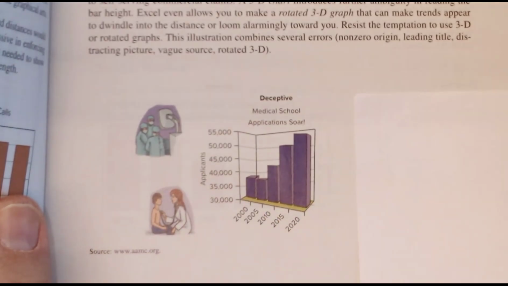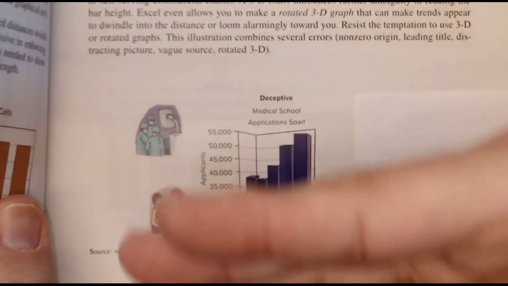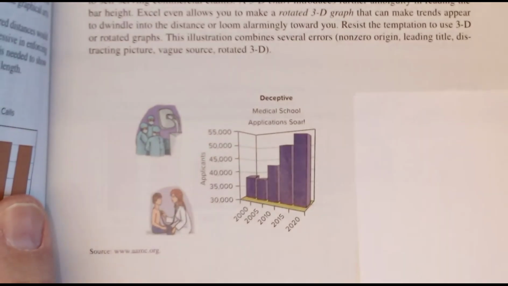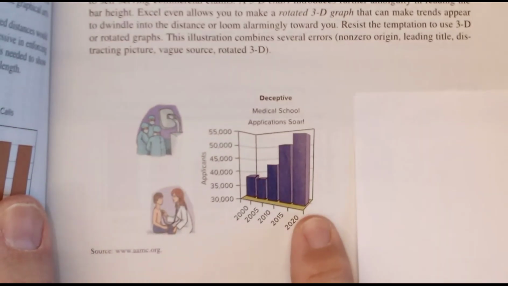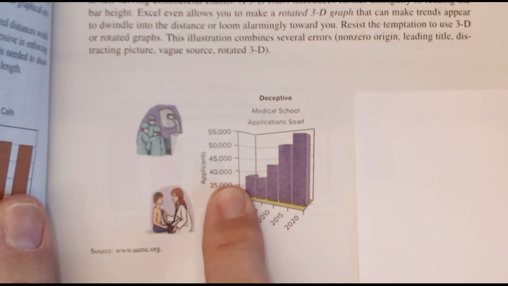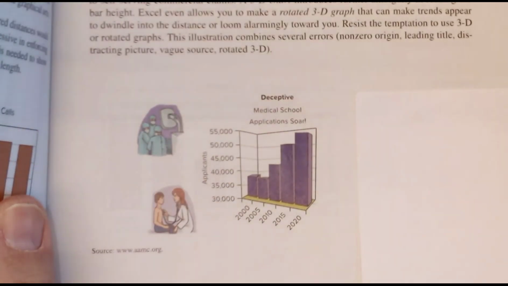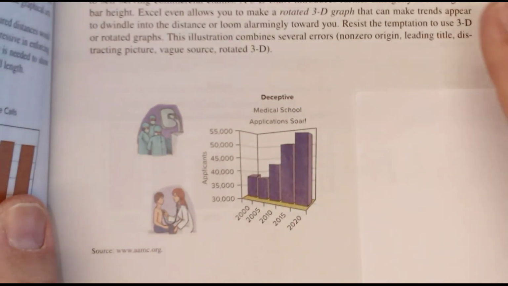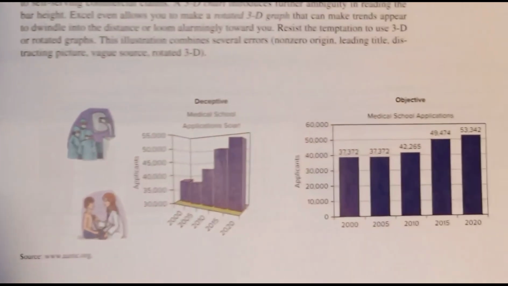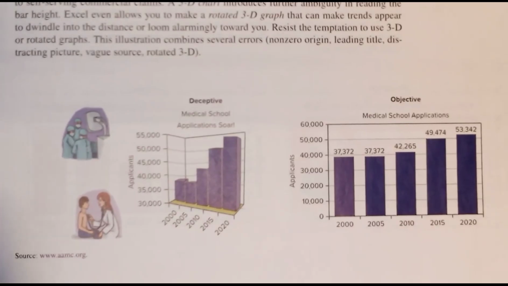Why are these columns tilted and twisted towards us in some fashion? That means the stuff that's here is going to look bigger than the stuff that's back there because of perspective, right? And what's more, I have these two other pictures over here. Do they help? So why the hell are they there? To keep you from noticing how little of a difference there really is.